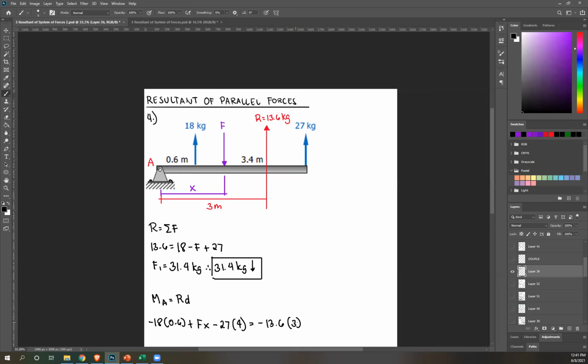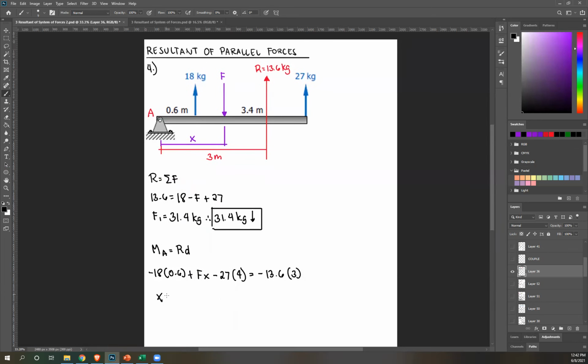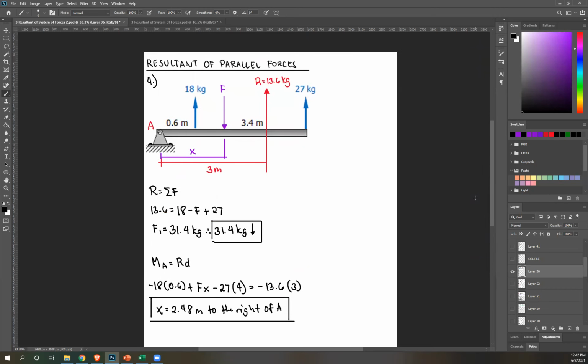Positive 2.48. Okay. Alright. So 2.48. Positive, therefore correct assumption of position, it's to the right. To the right of A. Okay, that's number 4. Any questions for number 4?